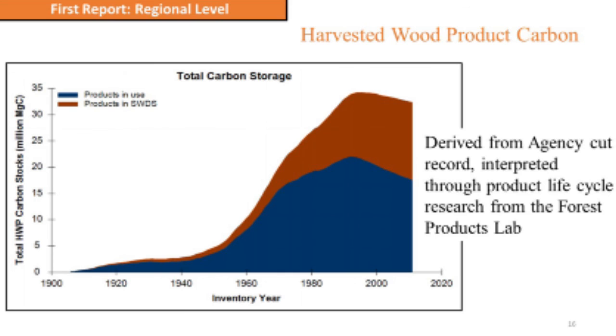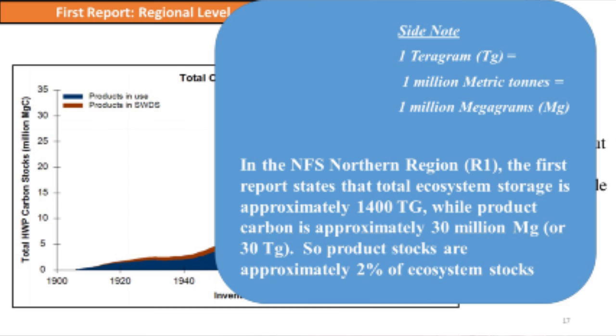So there's sort of a lagging benefit to the amount of carbon that we put into product pools. And after that peak, the amount of carbon is slowly decreasing. And you can see the breakdown between the amount of carbon that's still in use and the amount of carbon that's in solid waste disposal systems. That's what SWDS stands for.